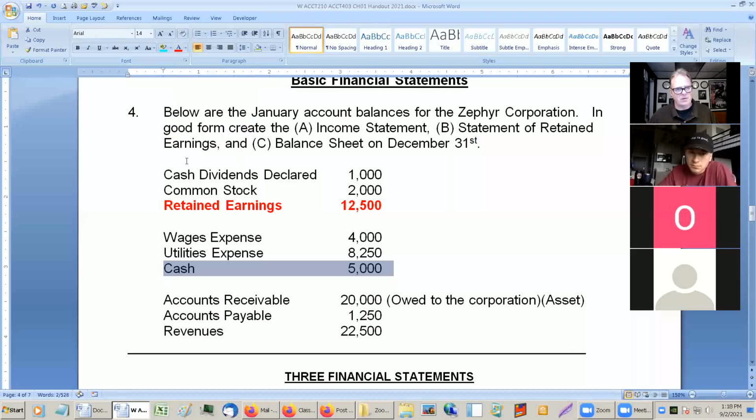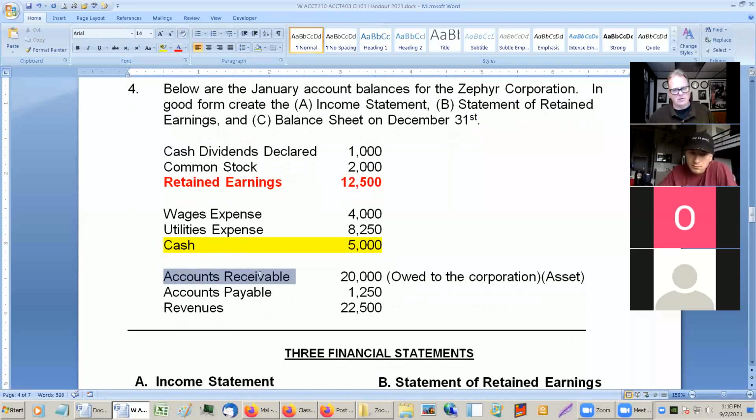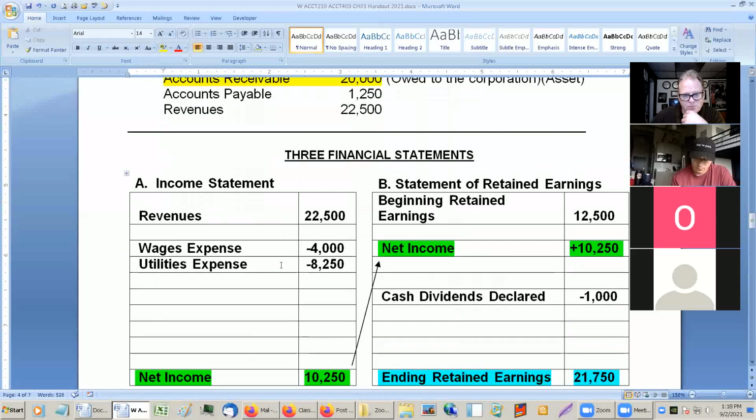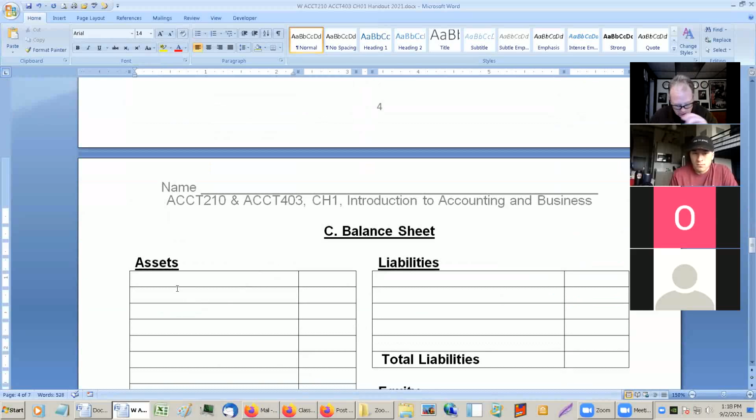And accounts receivable is the other one. And again, this accounts receivable has a future value. The future value is that these people that we did work for, the customers, are going to pay us $20,000 cash in the future. So we count that as an asset. So cash and accounts receivable.